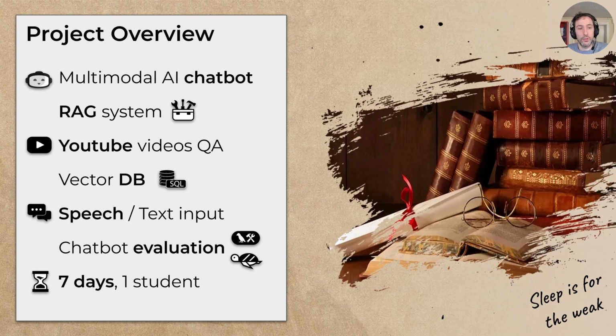The RAG system should give our chatbot access to a vector database, and the chatbot should be able to store and retrieve information from the database. Ideally, we should be able to use speech and text to chat with the chatbot, with the avatar. And we were asked to evaluate our chatbot as best as possible using tools like Langsmith or Giskard. I worked 7 days on the project and I was all alone.